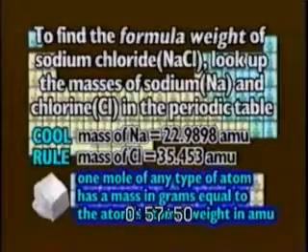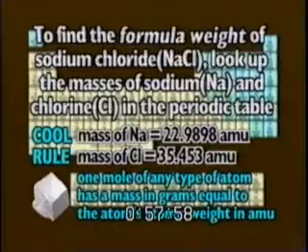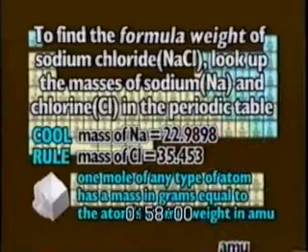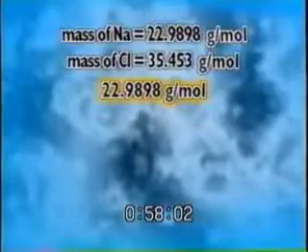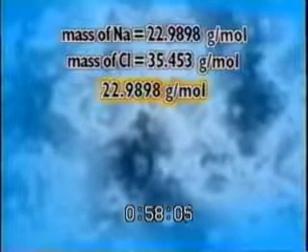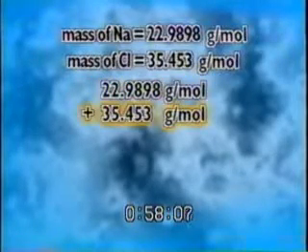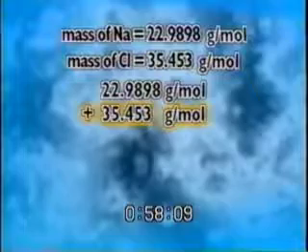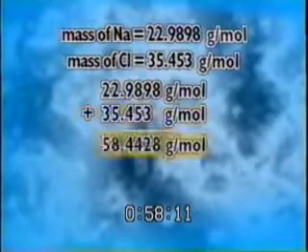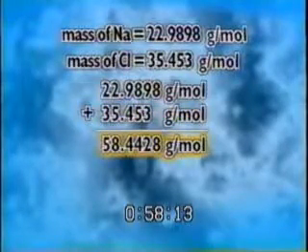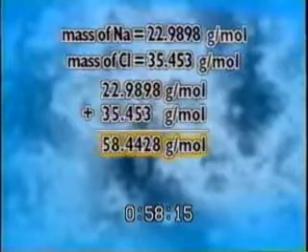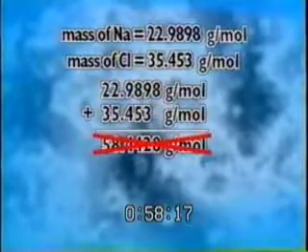Again, we'll use the cool rule that 1 mole of any type of atom has a mass in grams equal to the atom's mass measured in AMUs, by putting grams per mole after them. So 22.9898 grams per mole plus 35.453 grams per mole equals 58.4428 grams per mole. But this is not our answer.